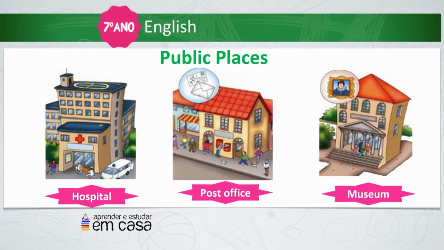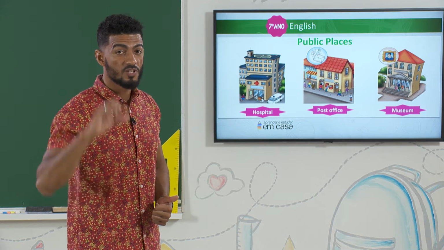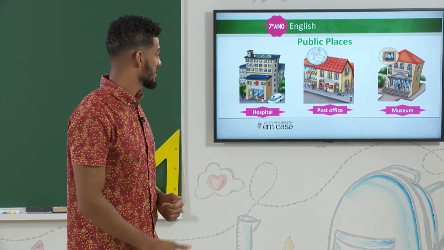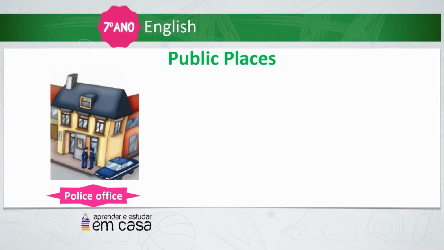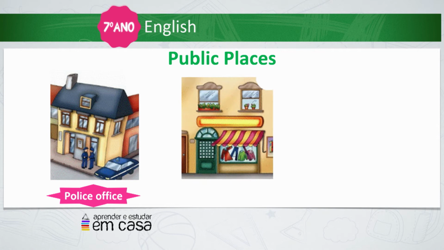Next is museum. Katia, can you repeat? Museum. Great. Then we have police office. Can you repeat? Police office. Good. Then we have clothes shop. Clothes shop.